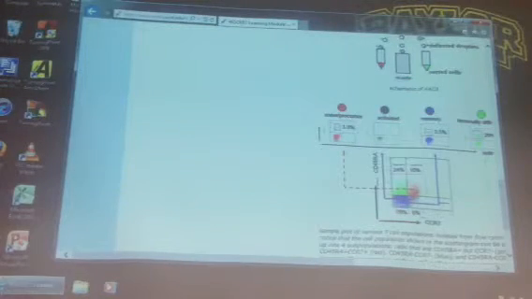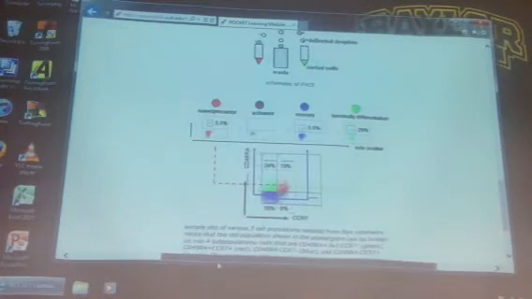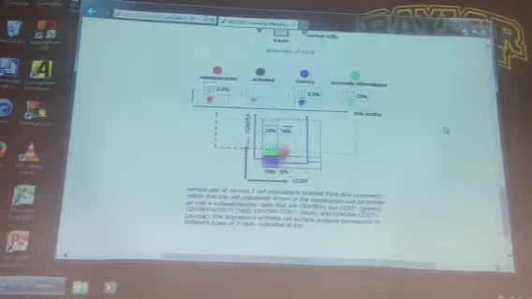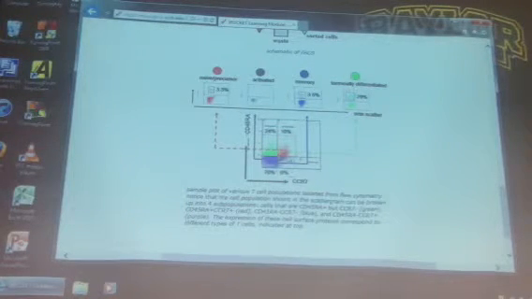Now, when we look at the output, here's the output. You don't have to use a cell sorter, you could just measure the output. And if we have two different fluorescents we're looking at, one is red and one is green. We'll use an antibody against CCR7, a surface antigen, and we'll use a red fluorescent antibody for that.